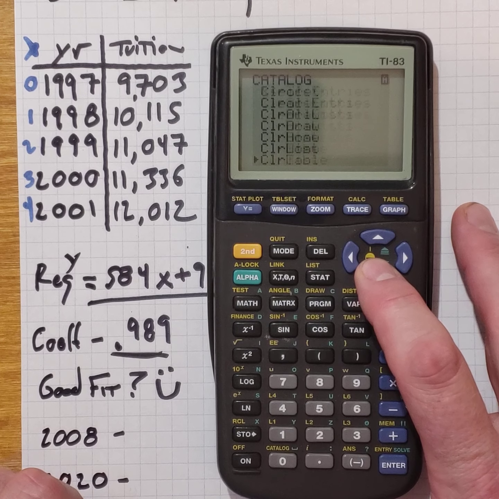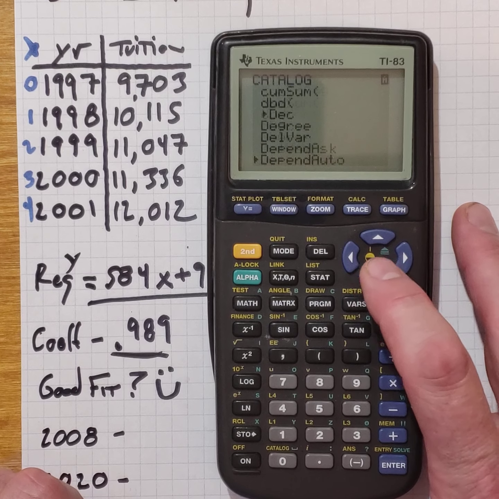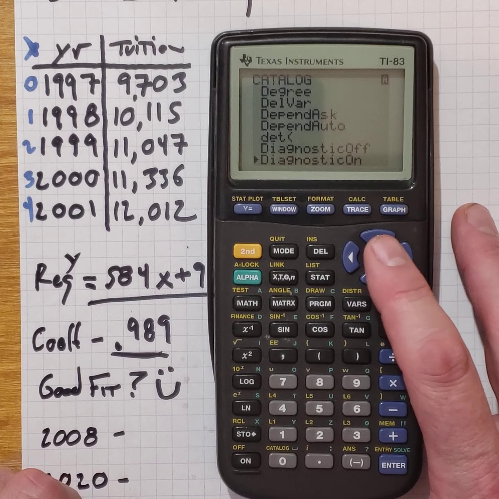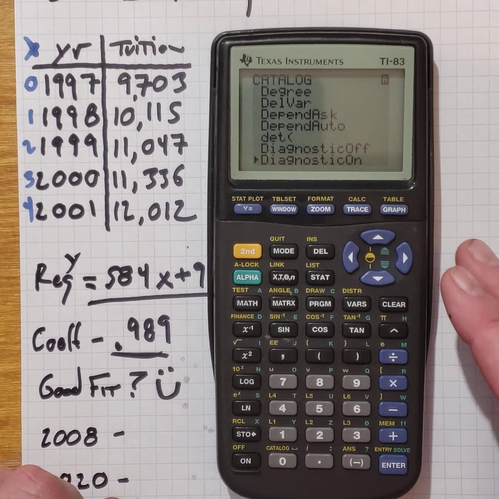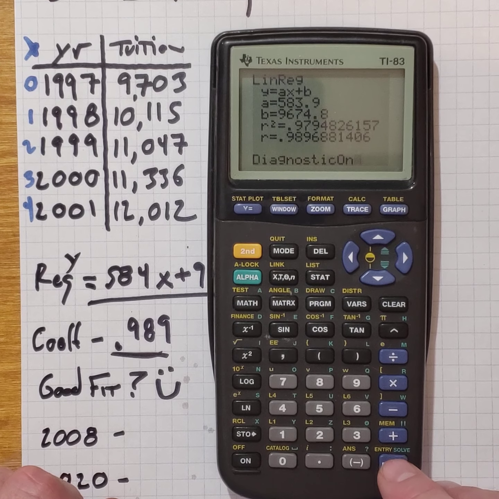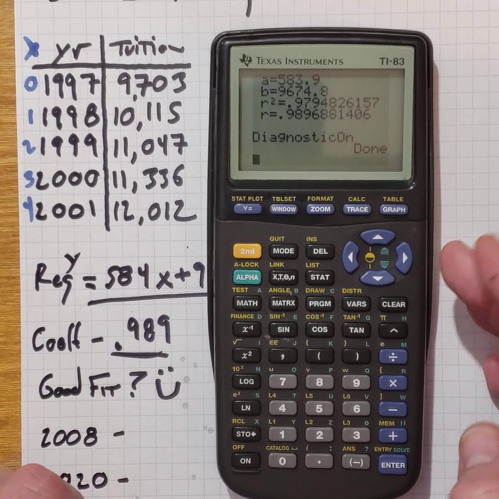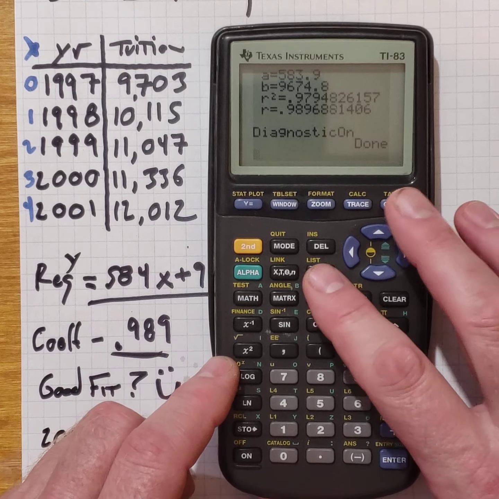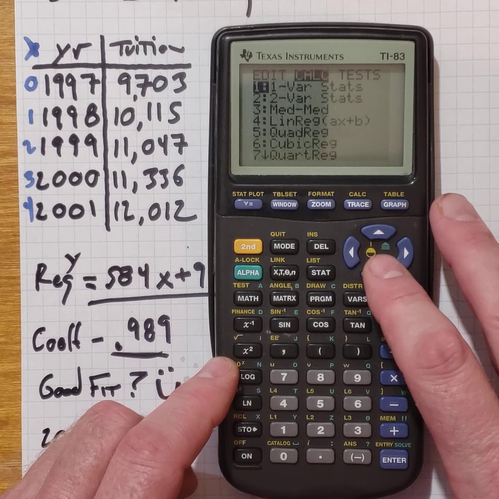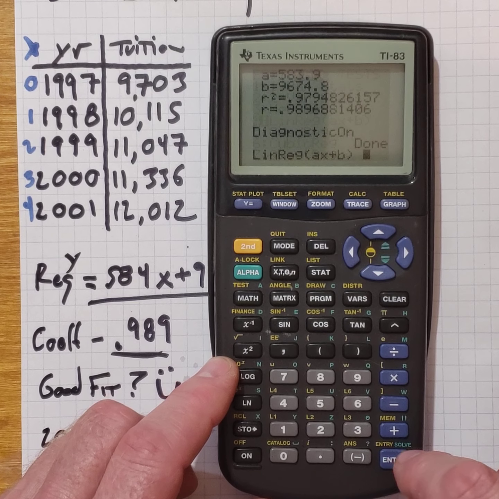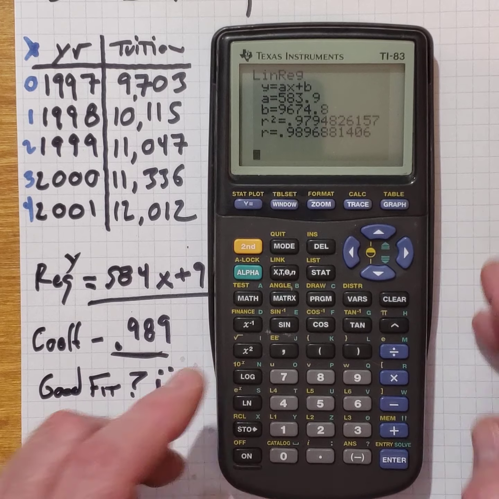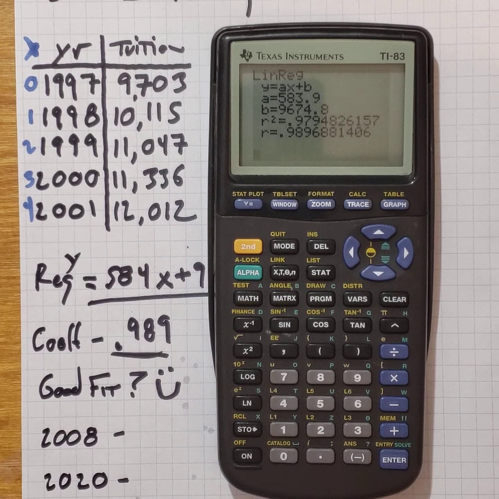You want to arrow down to a line that says DiagnosticOn. Hit enter again, and diagnostic will be turned on. Now when you go to Stat, over to Calc, and down to LinReg, you should see the R squared and the R. I have no idea why we have to do that to get that information, but we do.